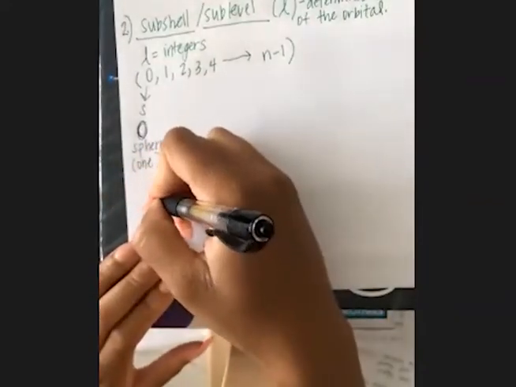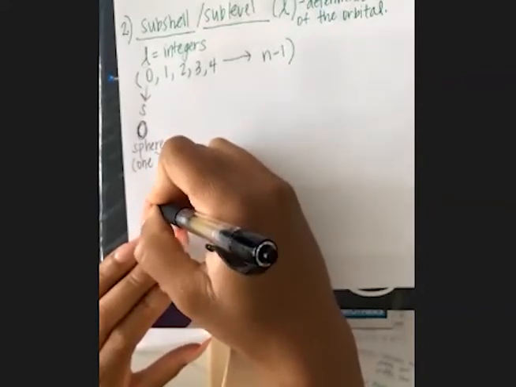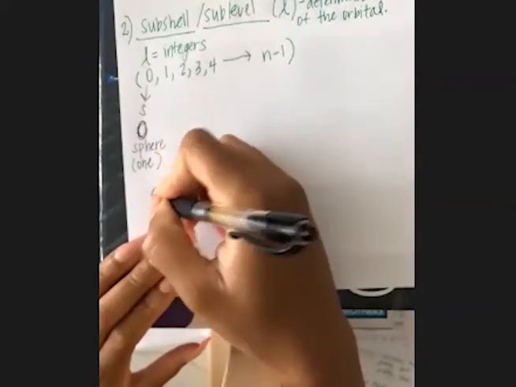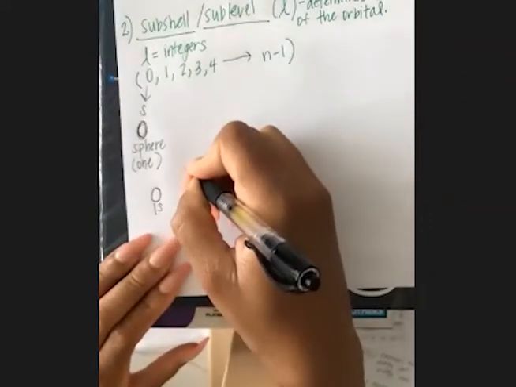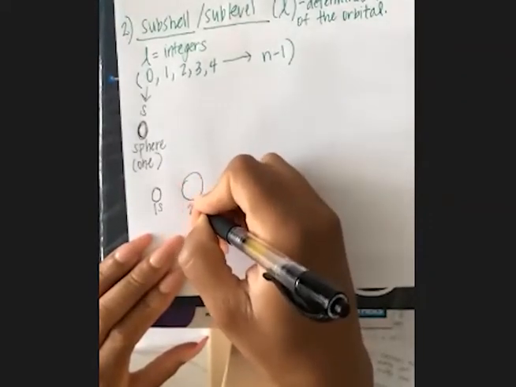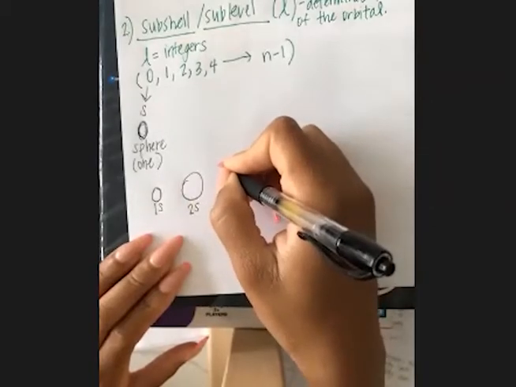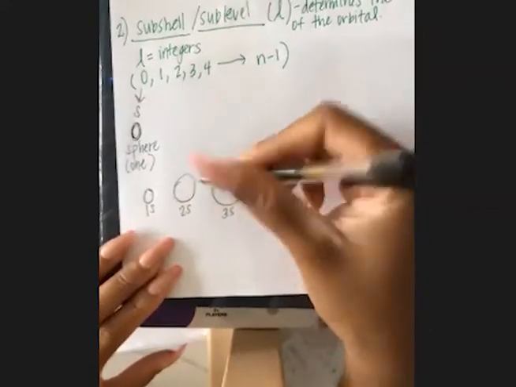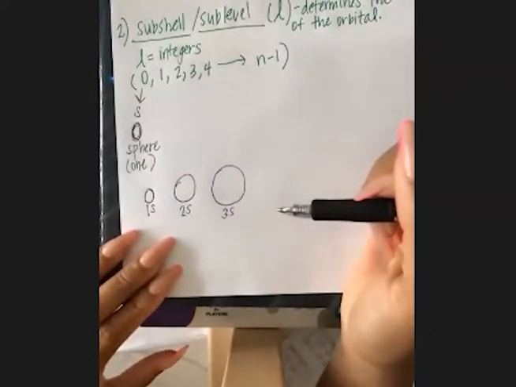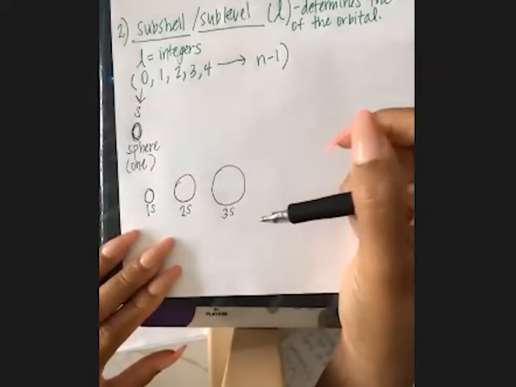And so let's say, for instance, this is energy level 1. I'm going to call it the 1s. It's in the shape of a sphere. The 2s is going to be a little bit bigger because it has higher energy. The 3s is going to be a little bit bigger because it has higher energy. And they're all in the shape of a sphere, is all I'm getting at.